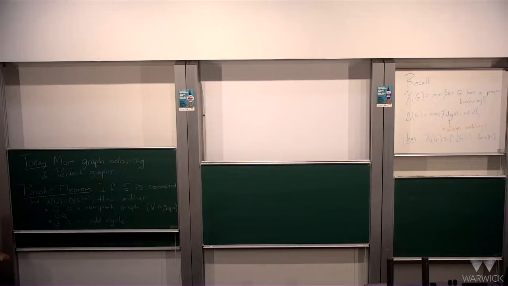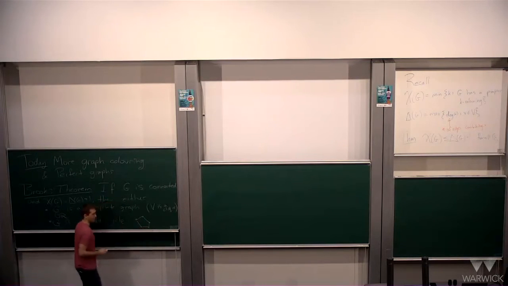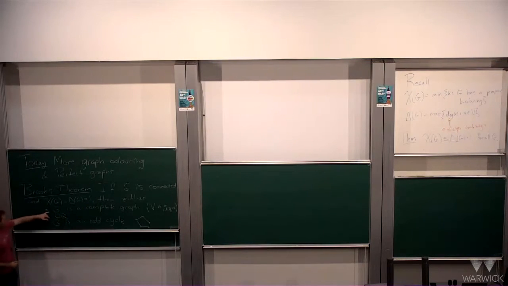We talked about cycles in graphs, right? If I'm saying G is an odd cycle, it's literally just that the whole graph is a cycle, and it has an odd number of vertices. You can see that both of these types of graphs satisfy this equality. If you're an odd cycle, you have chromatic number 3 and maximum degree 2. And Brooks's theorem says that these are the only possible cases.